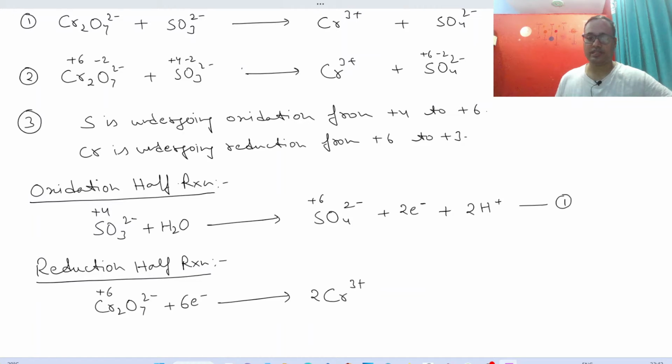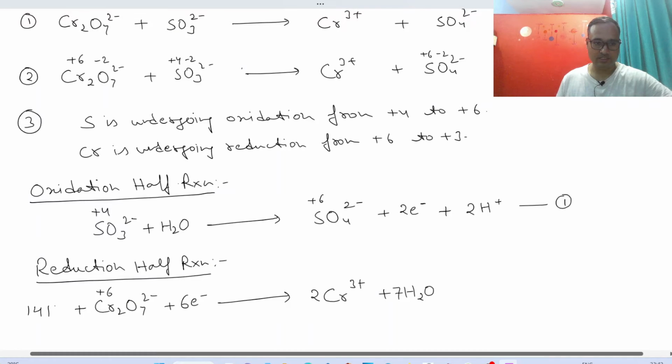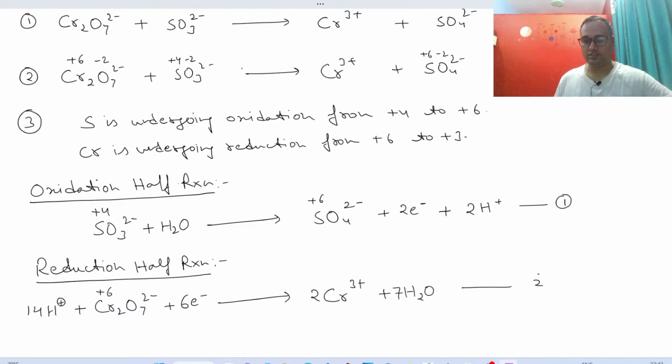Now we have to balance the oxygen atoms, and for that we add water. We add 7 H2O on the right hand side so the oxygen gets equal, and 14 H plus ions on the left hand side so that hydrogen is balanced. This becomes equation number 2.